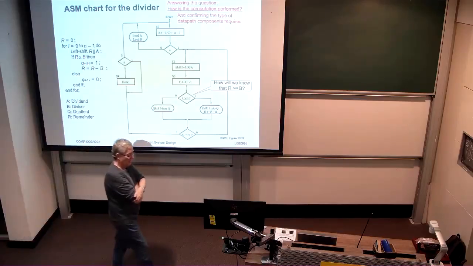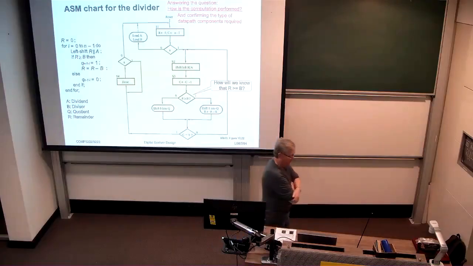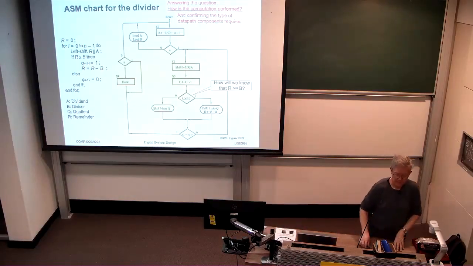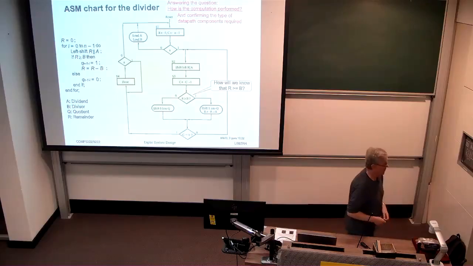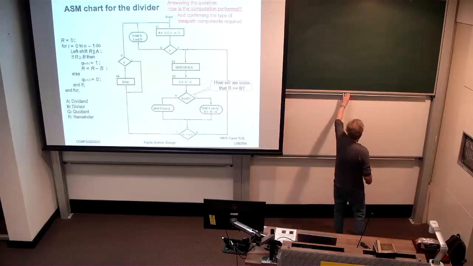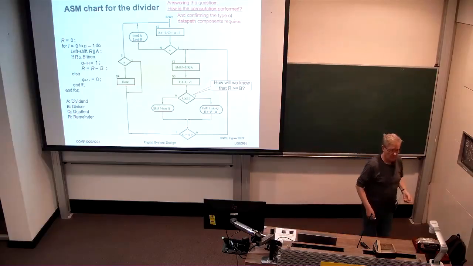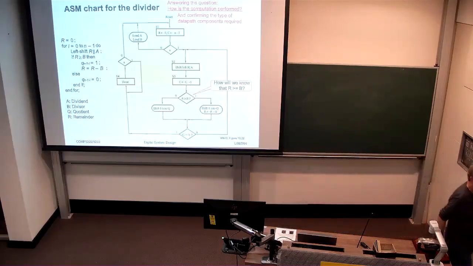How would you go about figuring it out? What if R were 1 and B were 2?